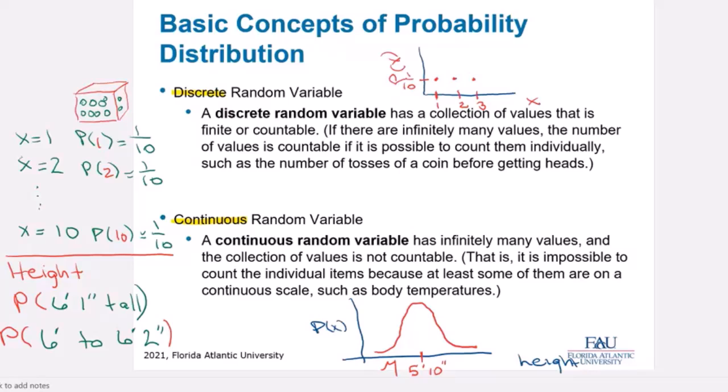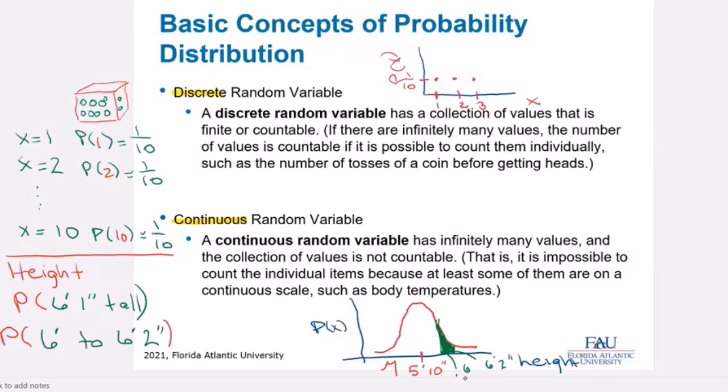Let's say this is 6 feet here, 6'2" here, and the probability of someone being between 6 feet and 6'2" is the area under this curve. This is 6 feet, and this is 6 feet 2 inches. If we could find the area of that, we would know the probability.